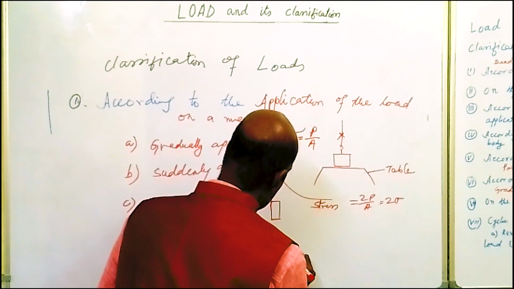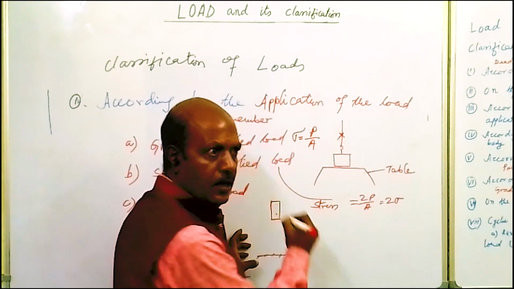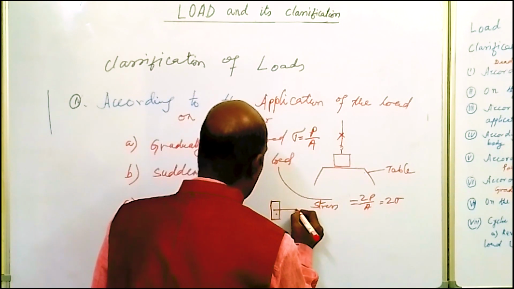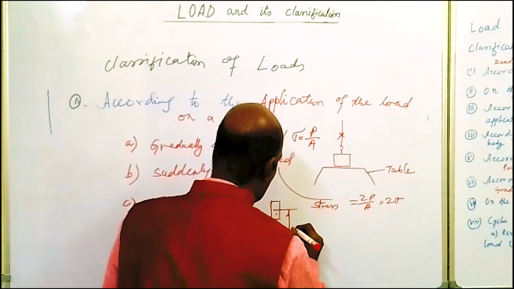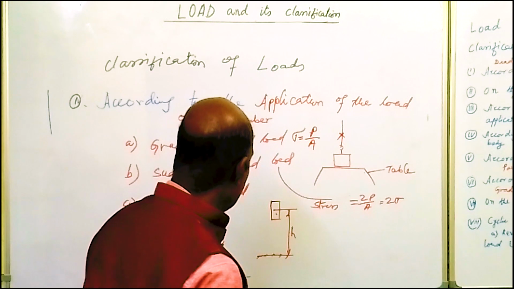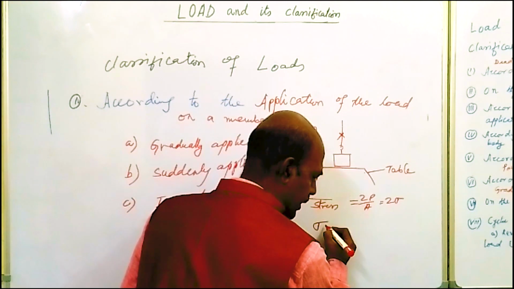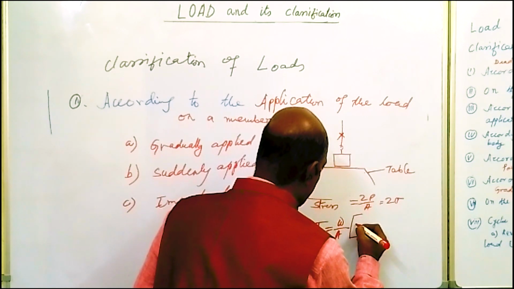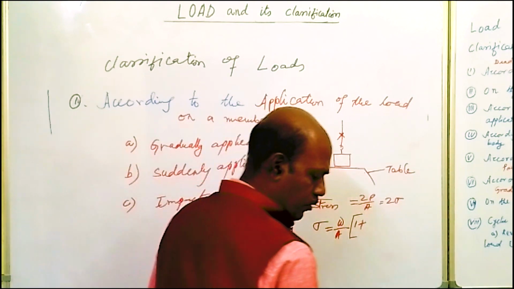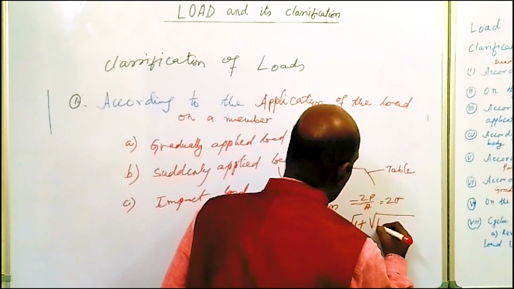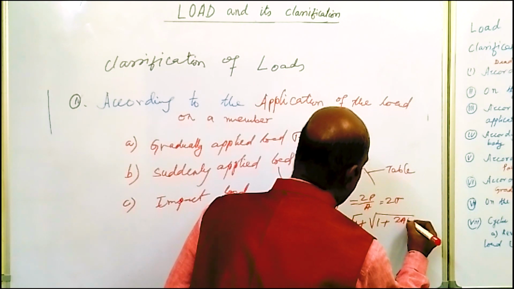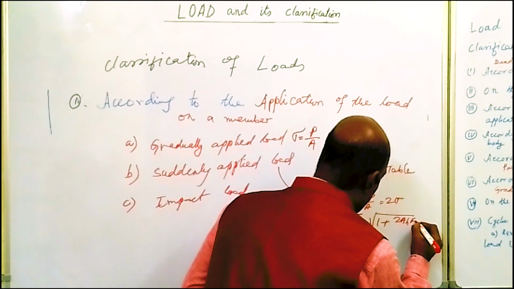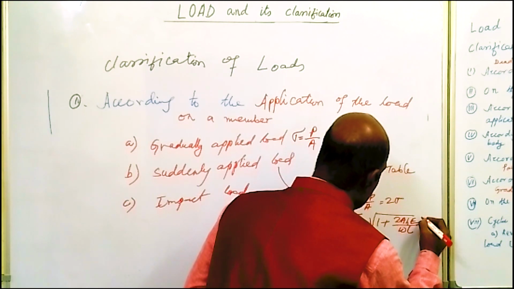So in that case, the dead weight of the member as well as the dynamic load because of the movement through the height, say height is h, both will be applied over the member, and the stress developed because of this is given by sigma is equal to W by A into 1 plus square root of 1 plus 2AHE by WL.